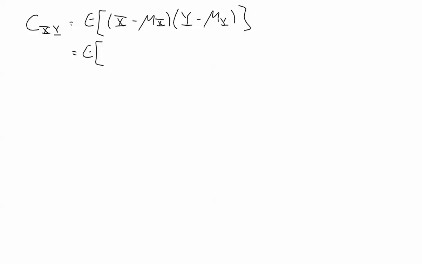That's going to be the expected value of the product xy minus mu x times y minus mu y times x plus mu x times mu y.